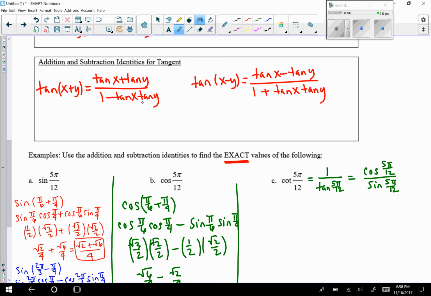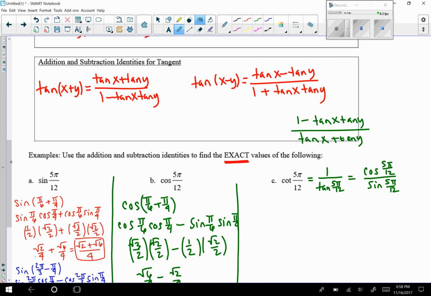So all you would have to do is flip that, so you could actually do 1 minus the tangent of x tangent y over tangent x plus the tangent of y. And then, of course, using your x and y would be pi over 6 and pi over 4.